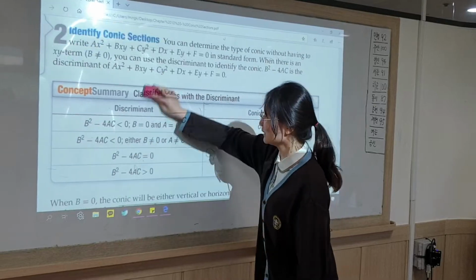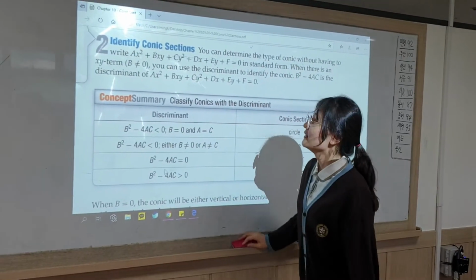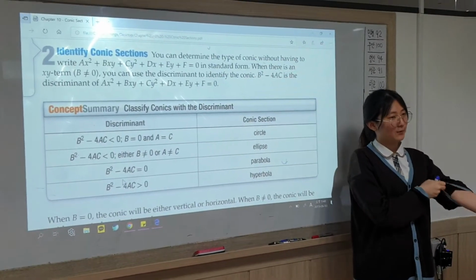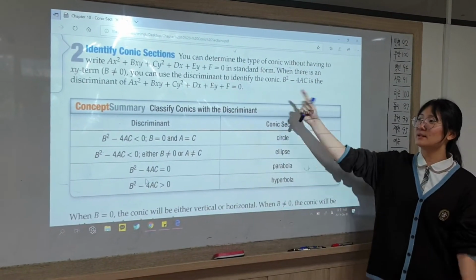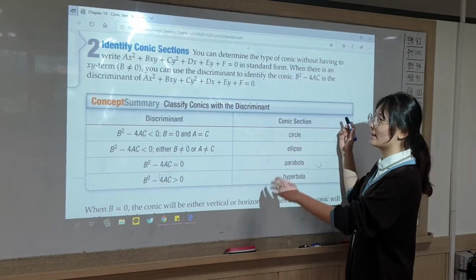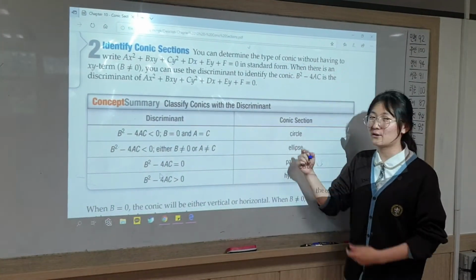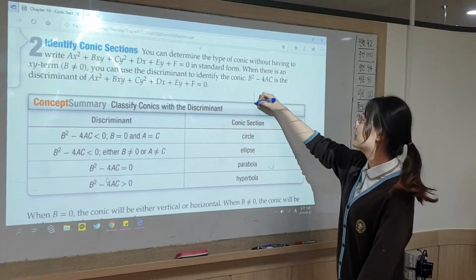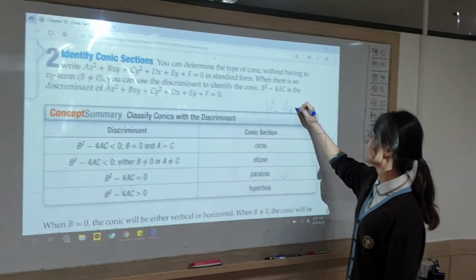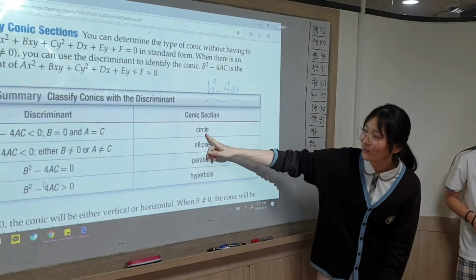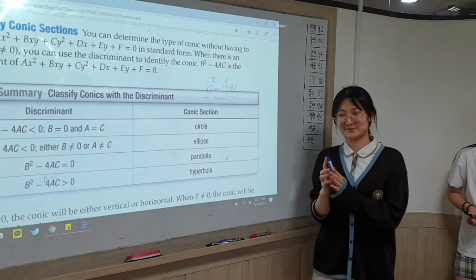And then the next step, how you're going to identify between them, except for the equation, is by identifying the sections with the discriminant. If I use a little bit of Korean here, it's called 판별식, which is b squared minus 4ac. Using this, we can identify these 4 different types of sections.